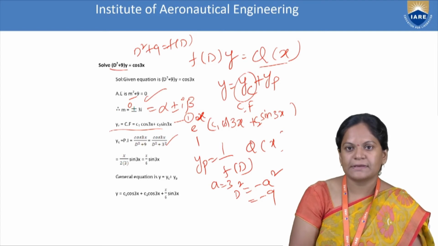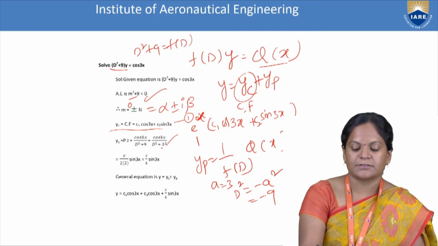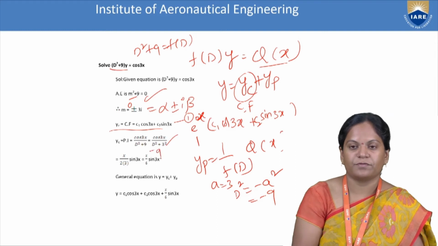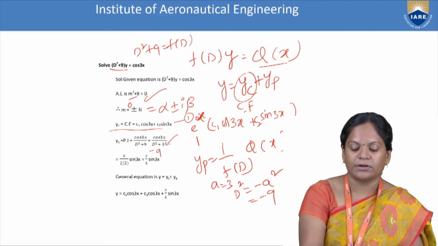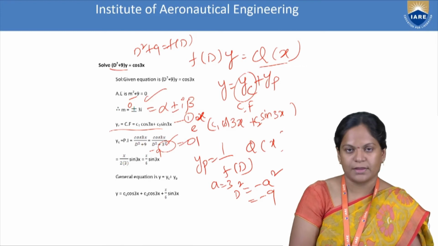So if we take minus 9 in place of d square, what is the general solution? Cos 3x by minus 9 plus 9, the denominator becomes 0. So the case fails.